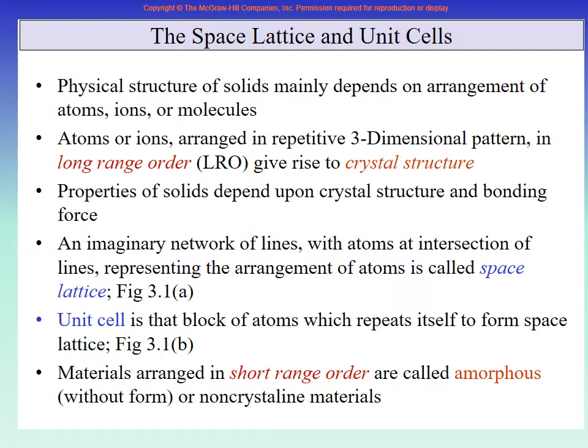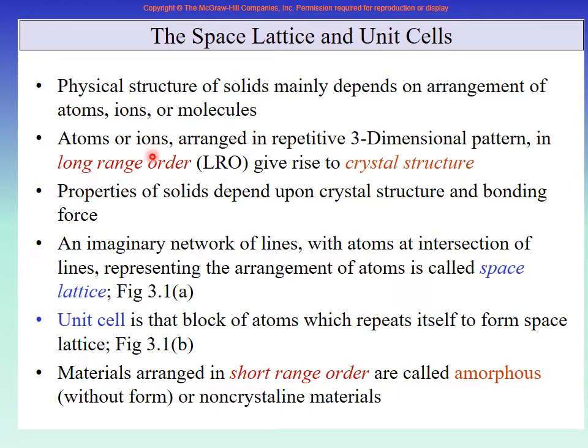So if you read, then we are saying that physical structure of solids mainly depends on the arrangement of atoms, ions, or molecules. If the atoms or ions are arranged in a repetitive three-dimensional pattern, this is called long-range order.